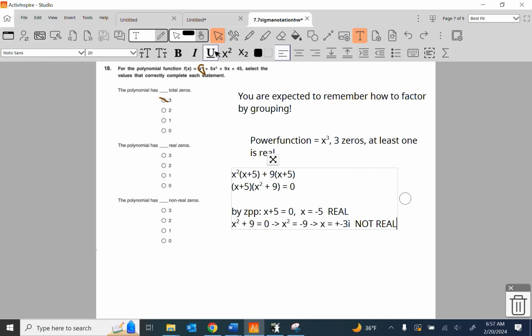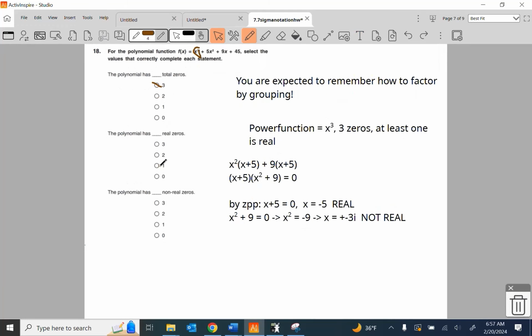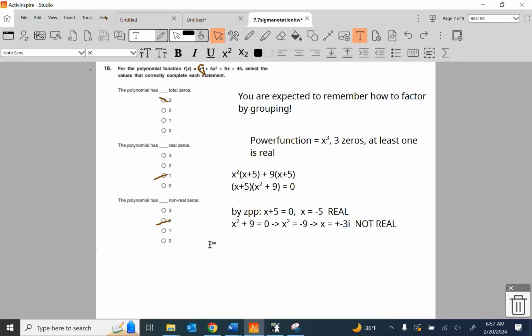So it ends up that I have 1 real zero, 2 non-real zeros. Oh, by the way, don't do something stupid like 3 or 1. That's a horrible choice.